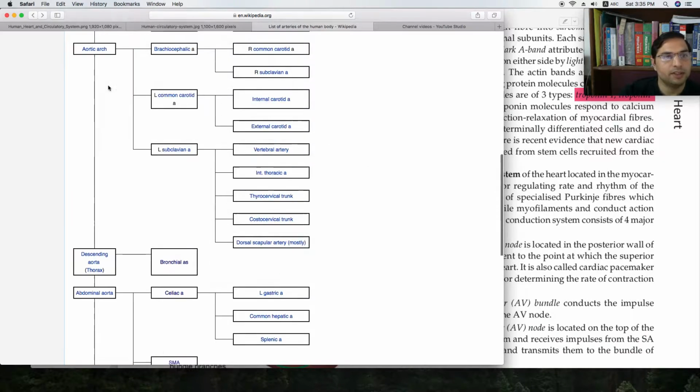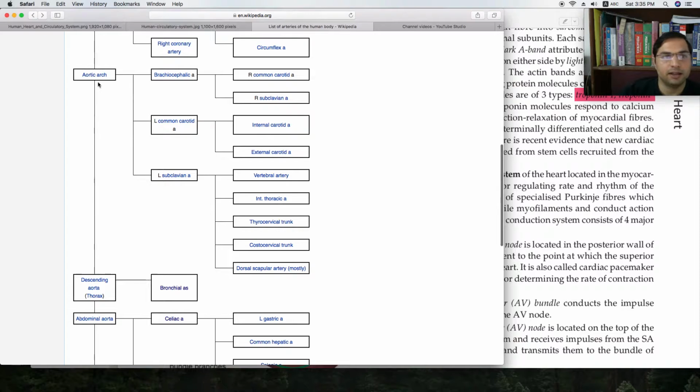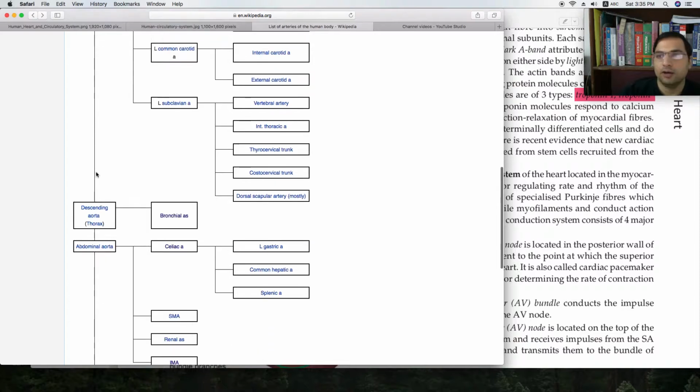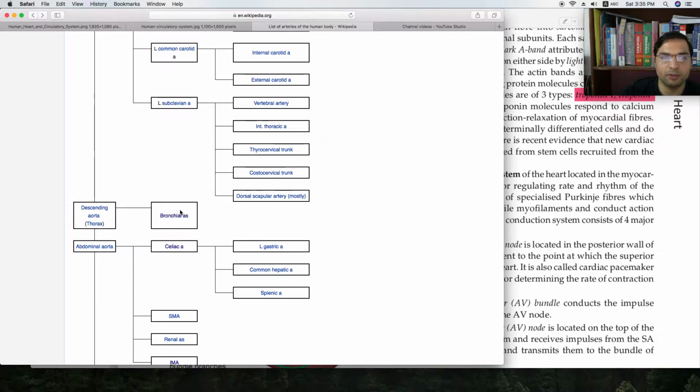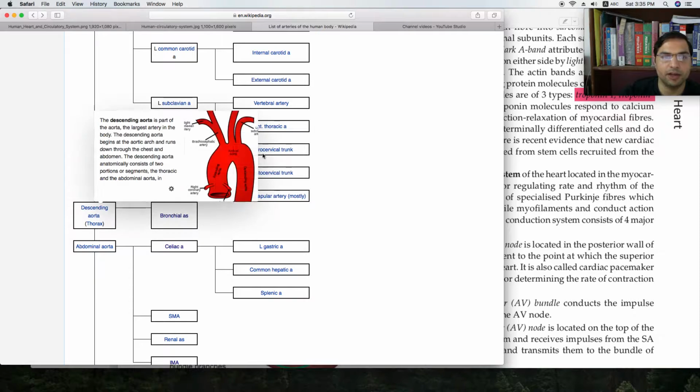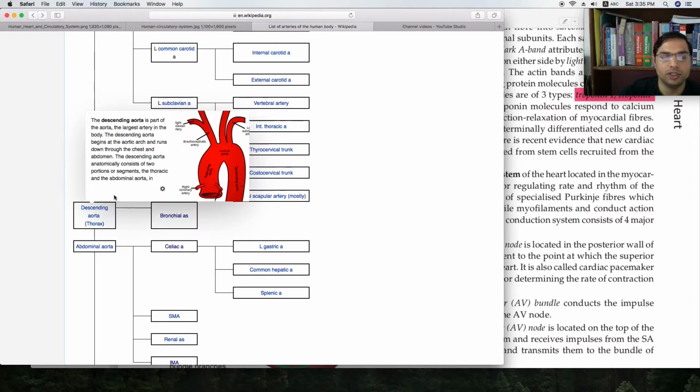Then after ascending, after aortic arch, the aorta goes from the back of the heart, and that is called descending aorta. So now this is called descending aorta, and when it is descending down, it gives one bronchial artery from here, right? One bronchial artery from here to the bronchi, right?